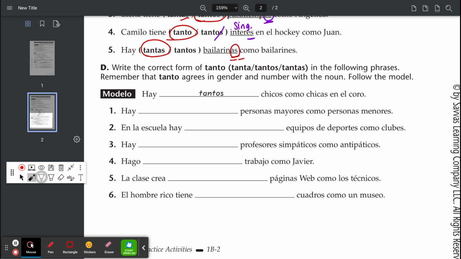So number 1, yo blank personas mayores como personas menores. So personas we know is feminine and plural. So therefore, we would use tantas.